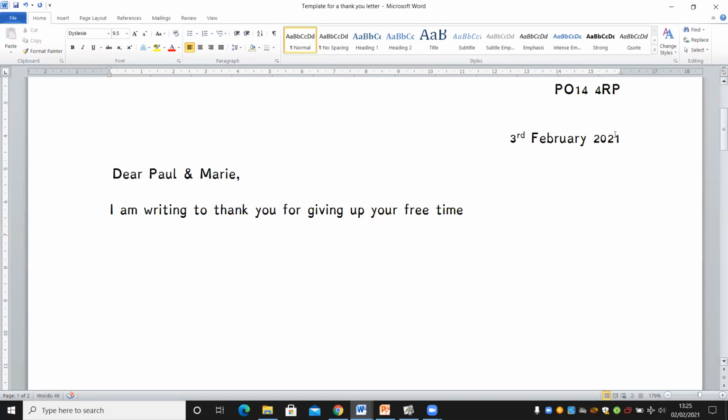This is important, children, because both Paul and Marie are not paid to be at Hamble Lifeboat Station, and they are not paid to be showing anybody around. They do it from the goodness of their heart in their free time.